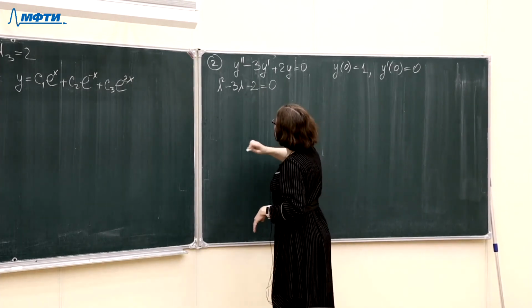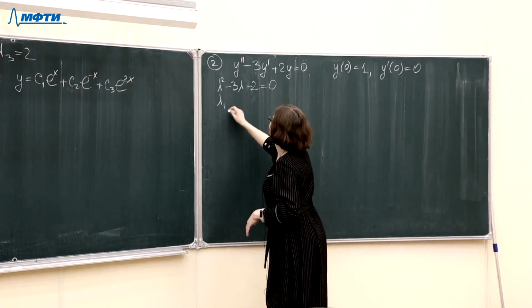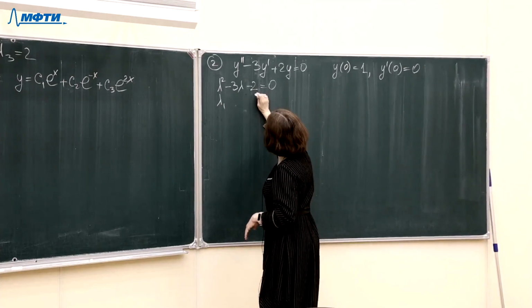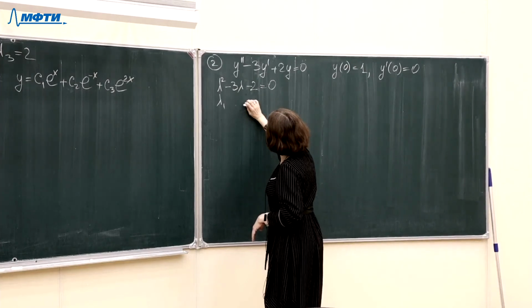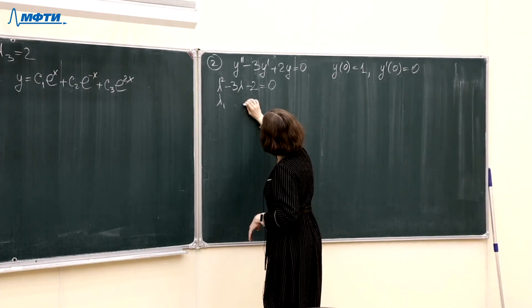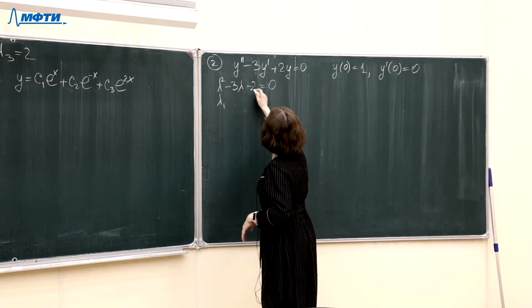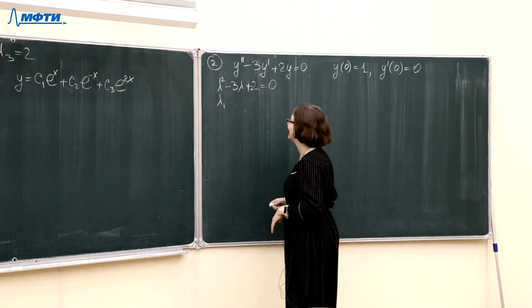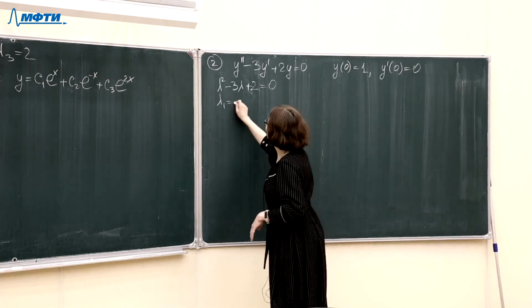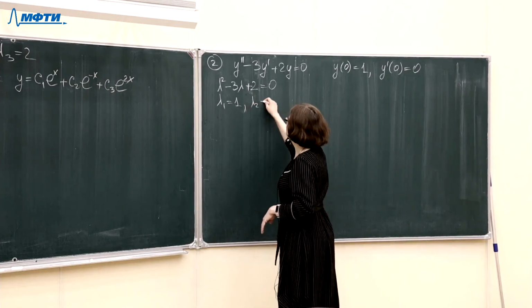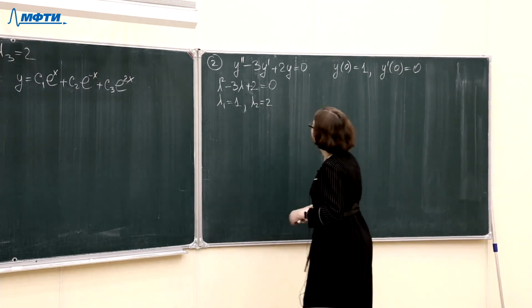What are the roots? Is it easy to guess the root? 1 is a root, and lambda 2 is equal to 2.